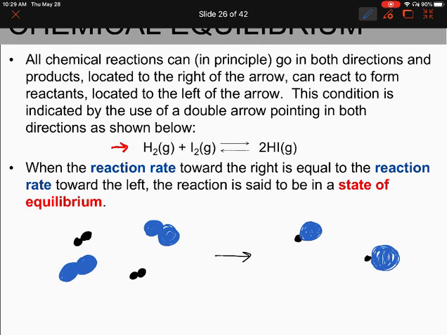Now, the products could actually break back apart and reform reactants. So maybe these two collide with each other and they reform I2, and maybe these two collide with each other and reform H2.